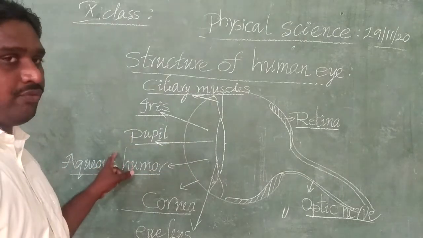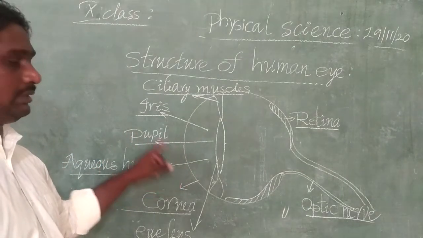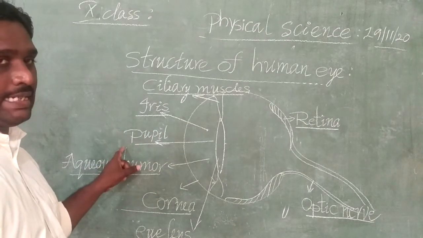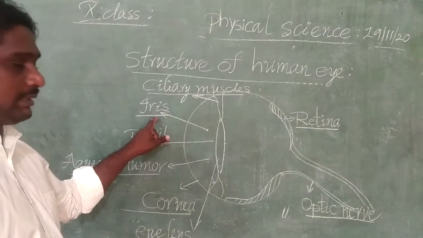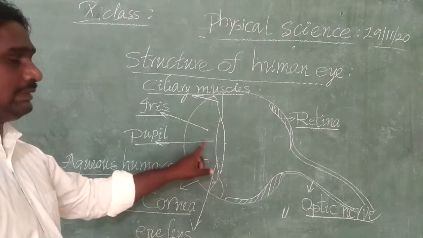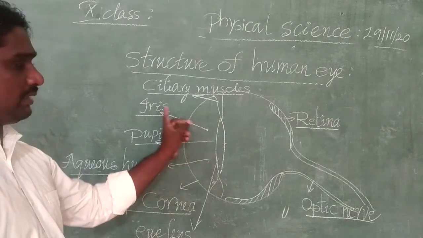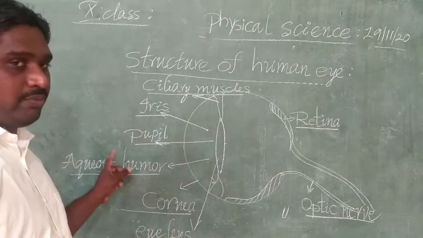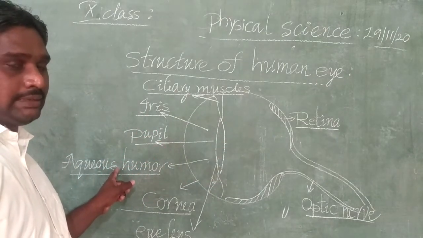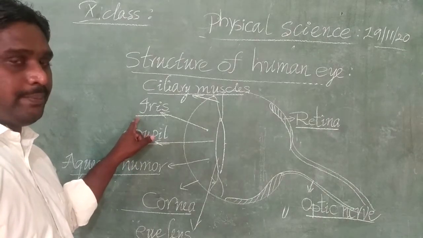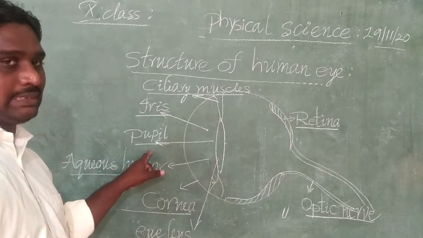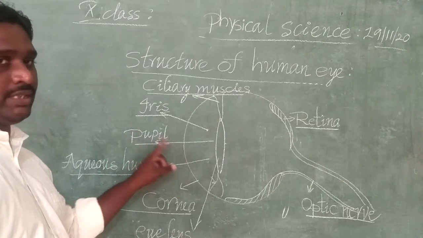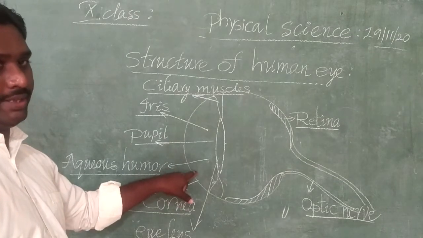In a low light condition, the iris expands the pupil size to allow sufficient light into the eye. In a bright light condition, the iris makes the pupil contract to reduce the amount of light entering the eye.